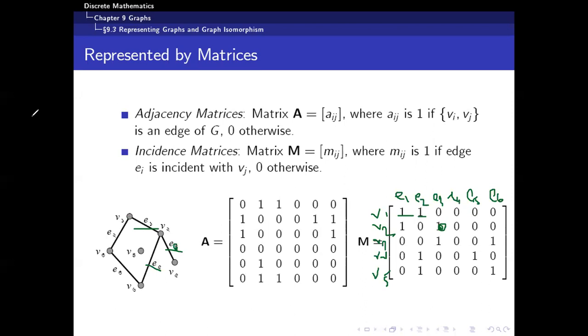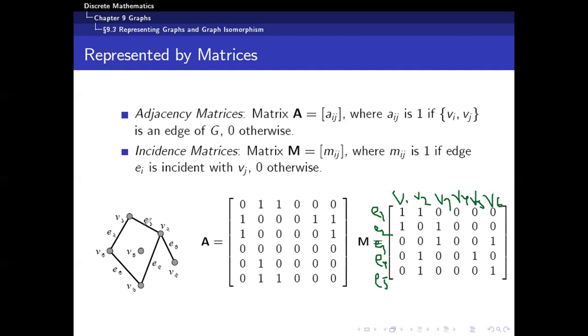Okay, my mistake. They have mentioned edges in here because we have 5 edges: 1, 2, 3, 4, 5. This one is E1, E2, E3, E4. This one will be E5. And the number of nodes is 6. So V1, V2, V3, V4, V5 and V6. Now clear?